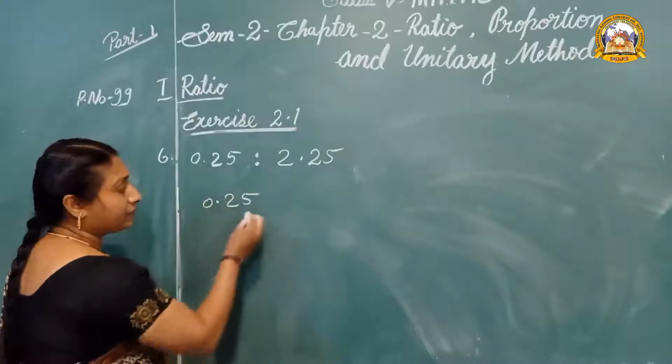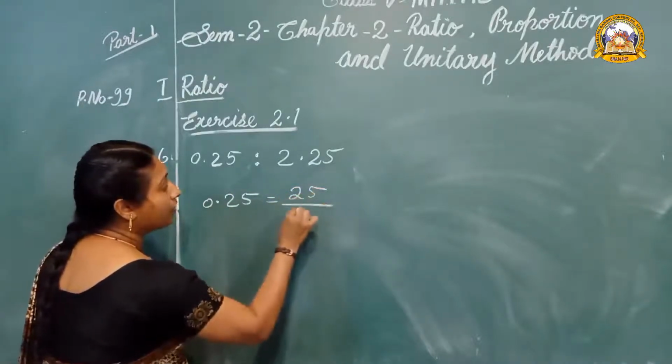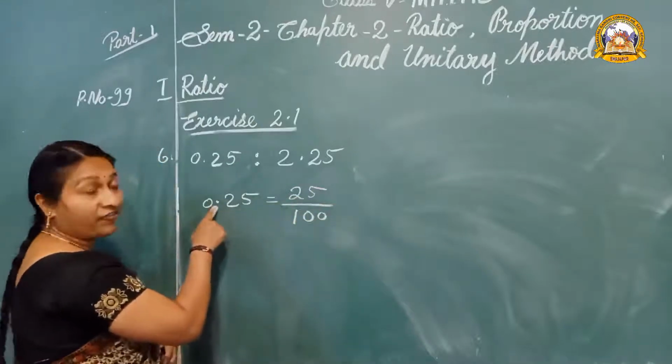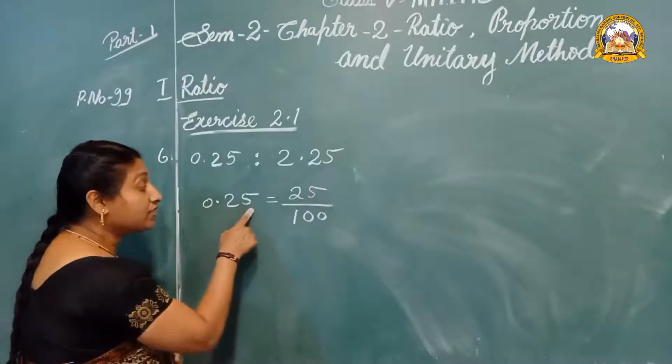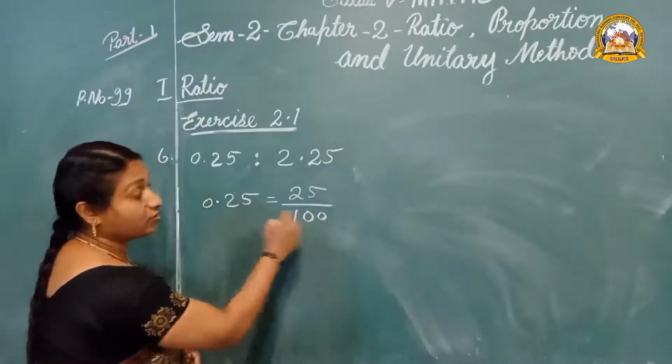0.25. How can we write it? 25 upon 100. Okay. After the decimal point, there are 2 digits. So, we can write the 100 because it has 2 zeros.